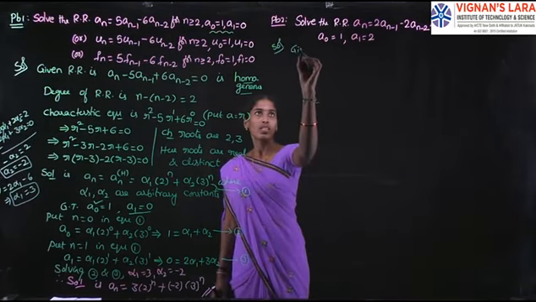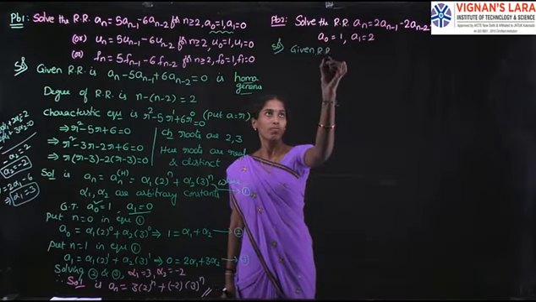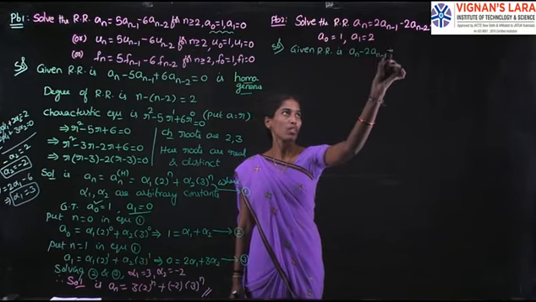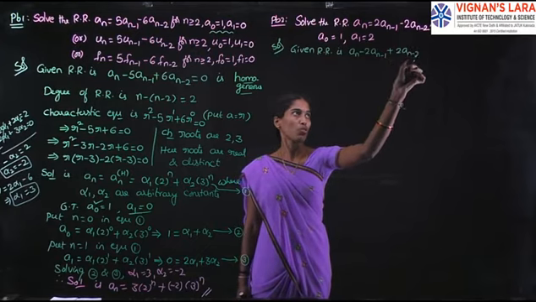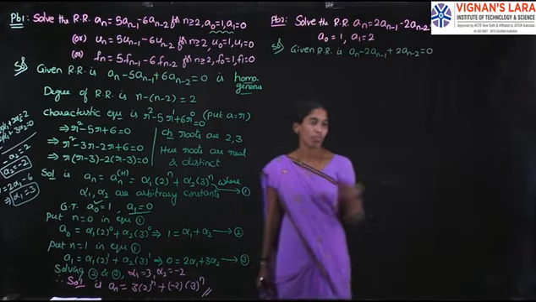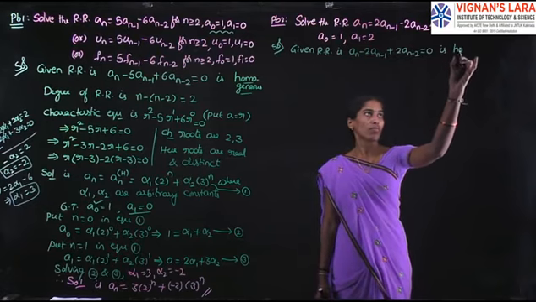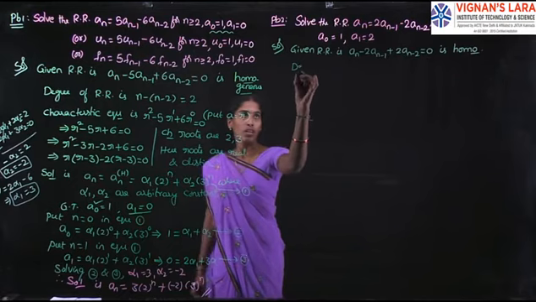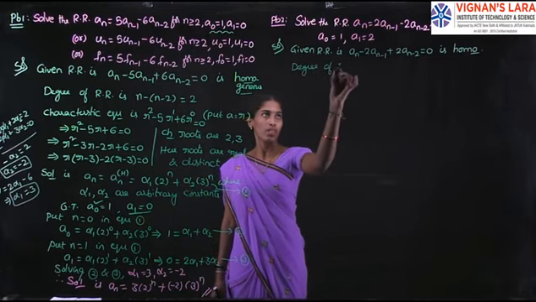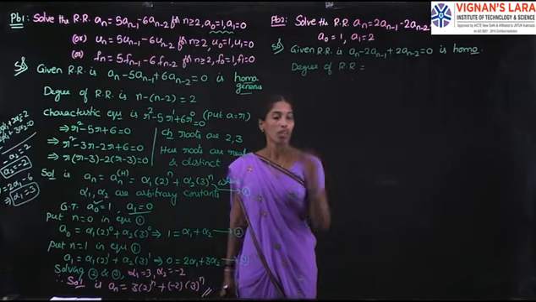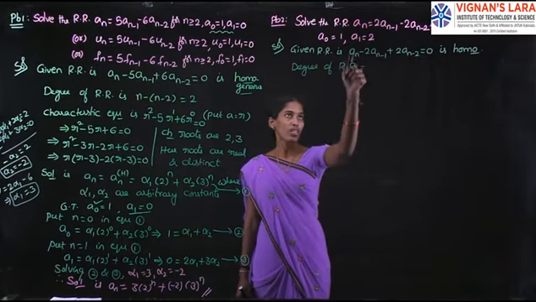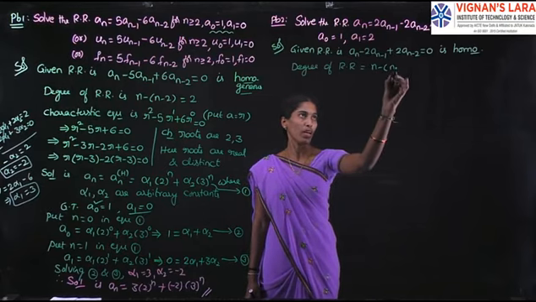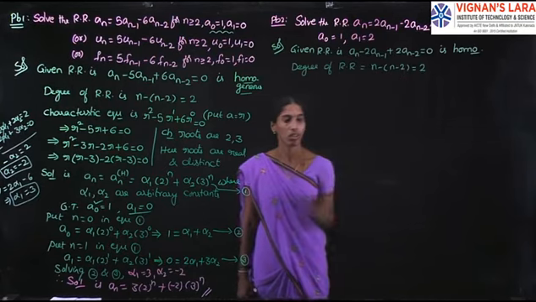So we can write it as a_n minus 2 a_(n-1) plus 2 a_(n-2) is equal to 0. It is homogeneous. What about its degree? The highest suffix of a is n, the lowest suffix of a is n minus 2, so the degree is 2.